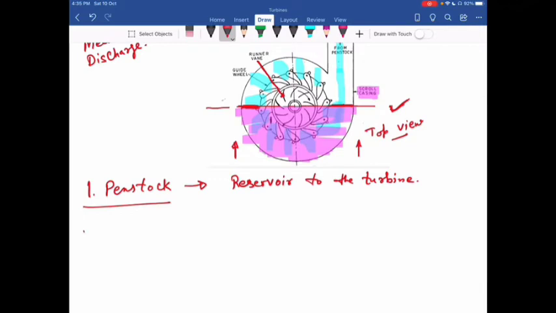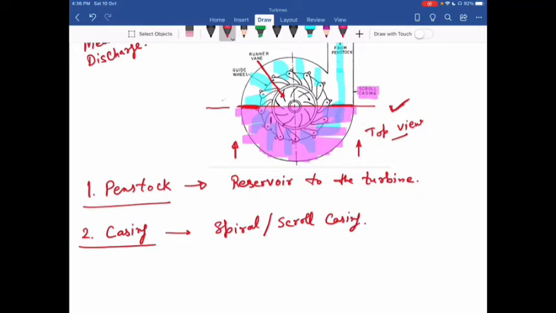Now, another important part of the Francis turbine is the casing. We have a special type of casing here that we call a spiral casing or scroll casing.